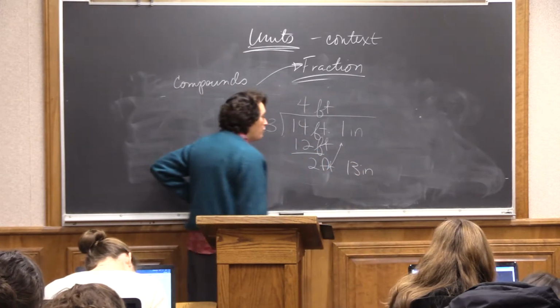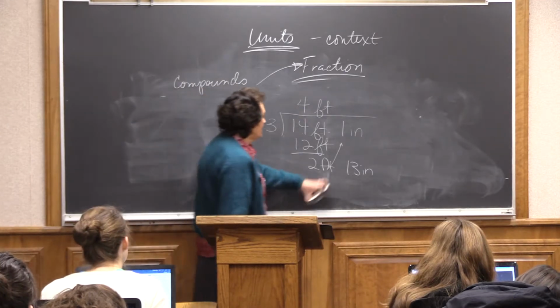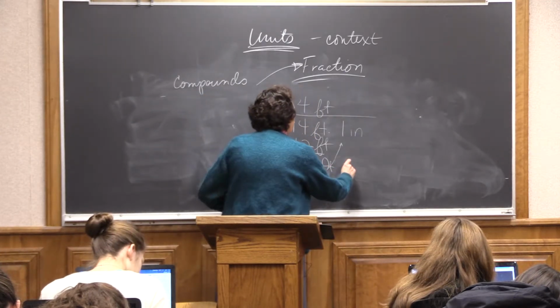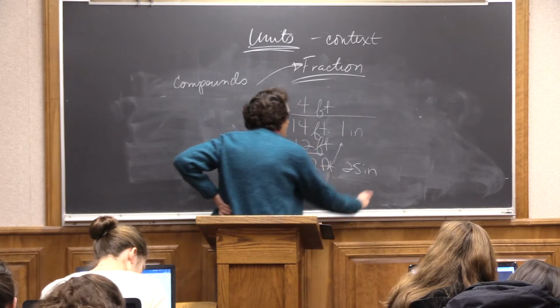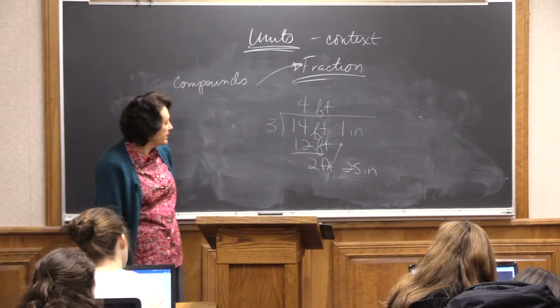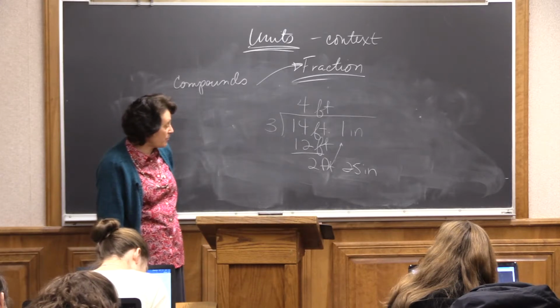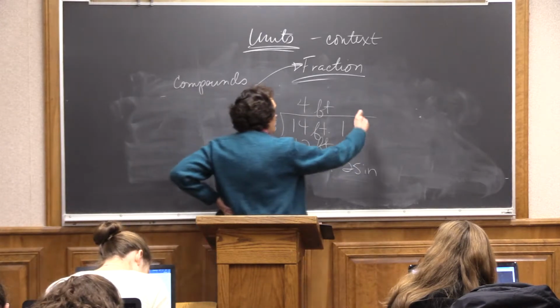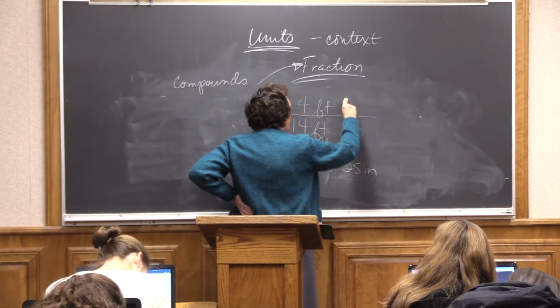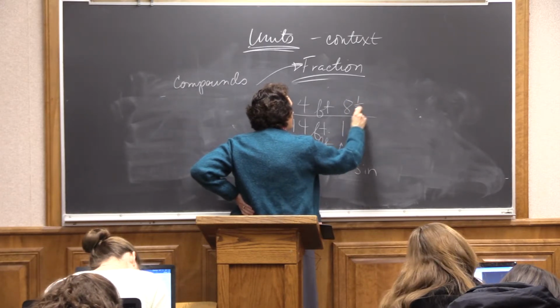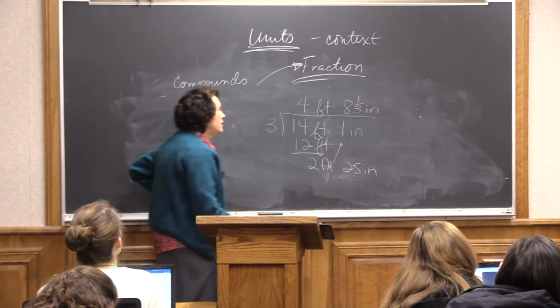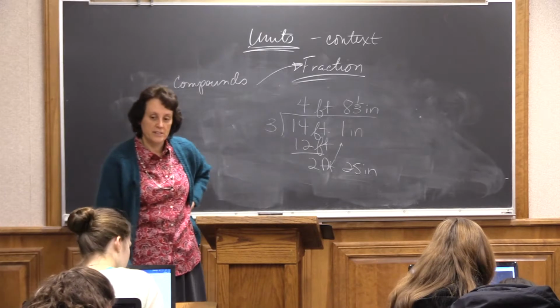So I'm not bringing down 2 feet. It's 24, 25. 2 feet left over, that's 24 inches, and I have an inch. So I'm going to be dividing 3 into 25, which goes 8 times with 1 left over. 4 feet, 8 1/3 inch.